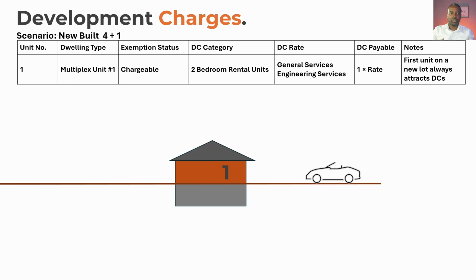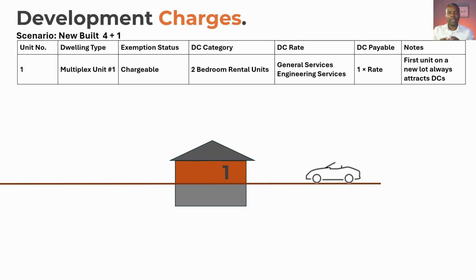The rates that we're looking at are the general services rate and the engineering services rate. I will put a link in the description to a few of these different informational documents. This can all be found on the city website as well. And of course, the DC payable is 1 times this rate. So whatever you're doing, there will be DCs applied to this particular property, and it is pegged at a very specific rate.